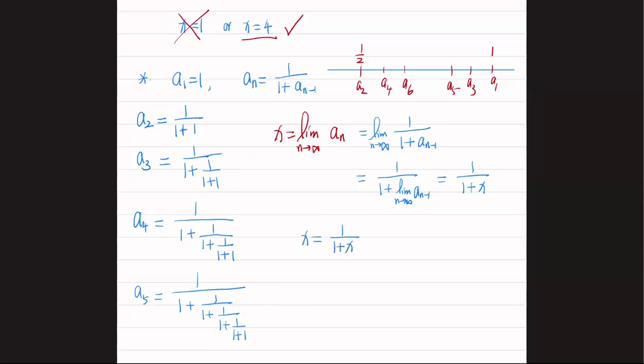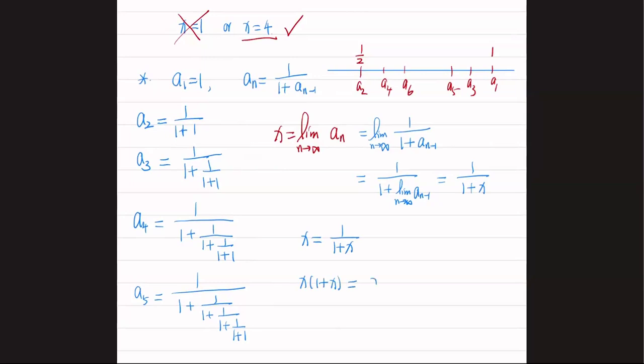How do we find x? I'll give you a few minutes. Think about it. How do you find x? Multiply by 1 plus x. This equals 1. How do you solve this quadratic equation? I would go with completing the square. So if I want to complete the square, what do I add?